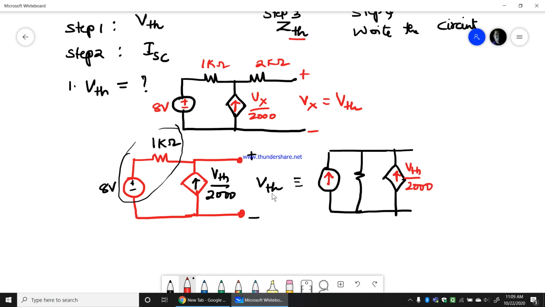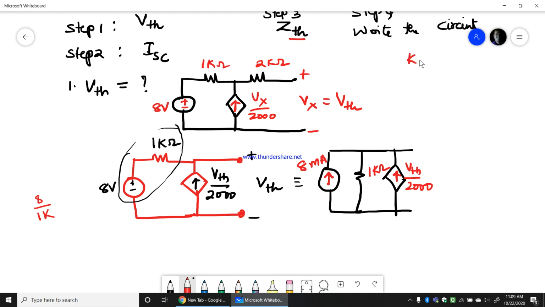The direction of the current source will be towards upside because plus and minus is written like this. This is 1 kilo ohms. So the current source value will be V by R, so it is 8 by 1K. I can easily say 8 divided by 1000 is 8 milliamps.